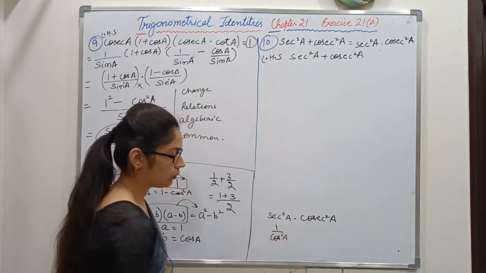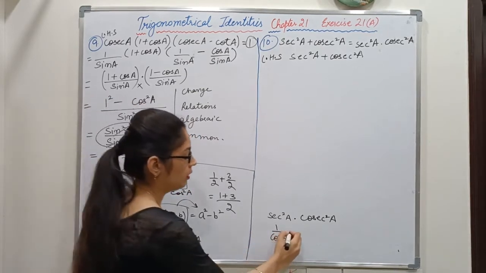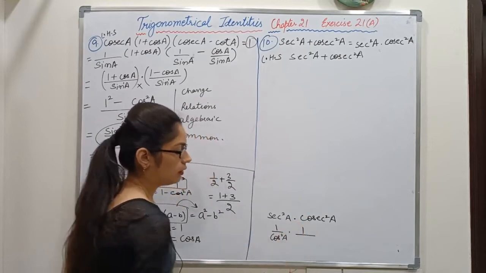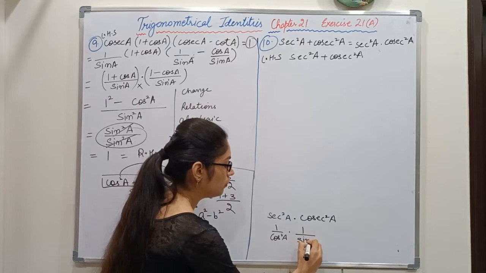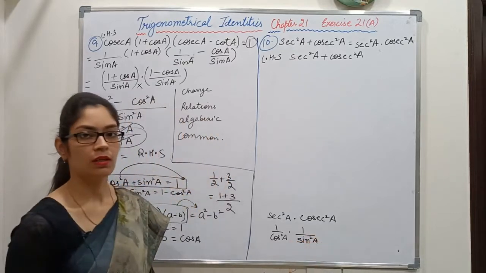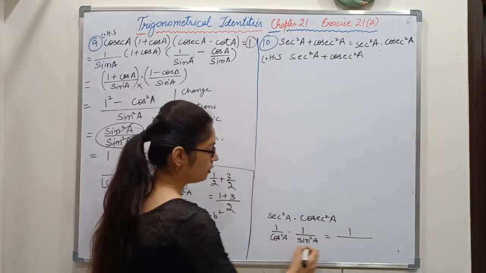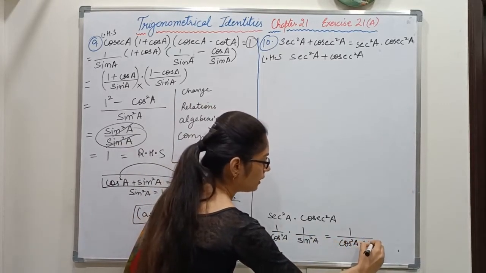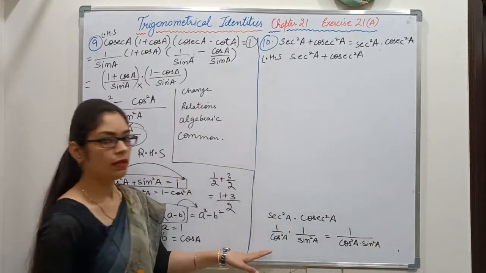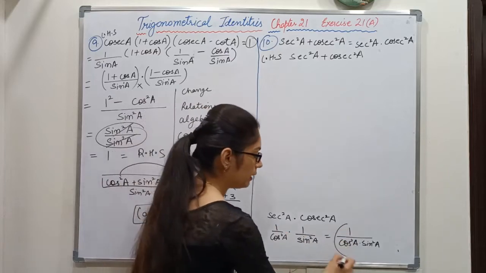Because it is square, I can write it as 1 by cos square A into, reciprocal starting with s, so it is sine, 1 by sine square A. So that means we need 1 into 1 by cos square A into sine square A. If we multiply cos square A into sine square A, this is what we actually need.